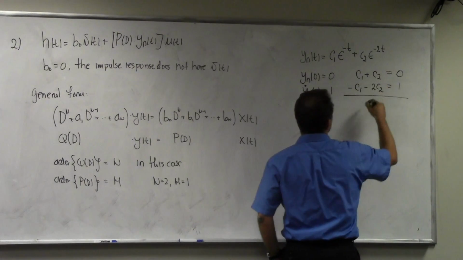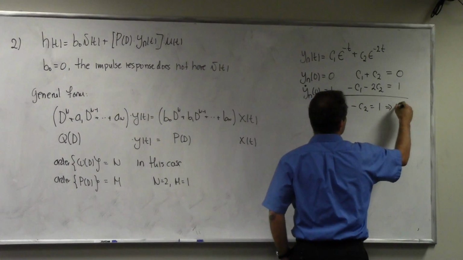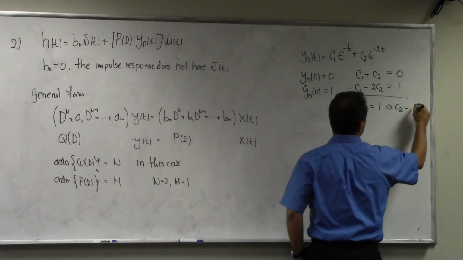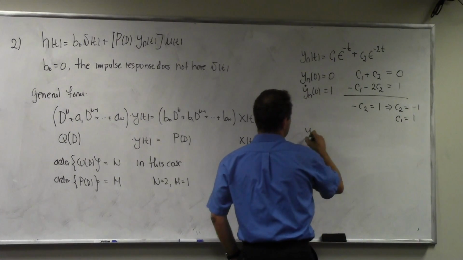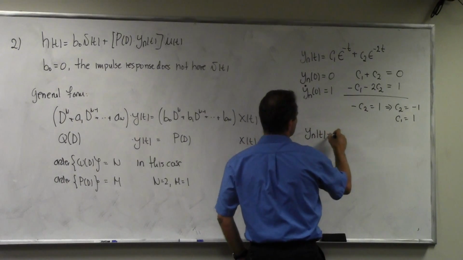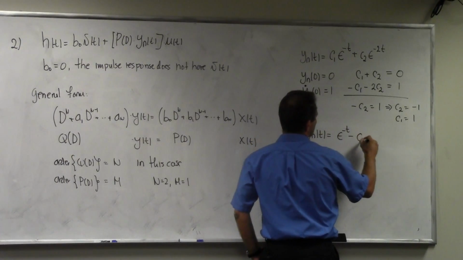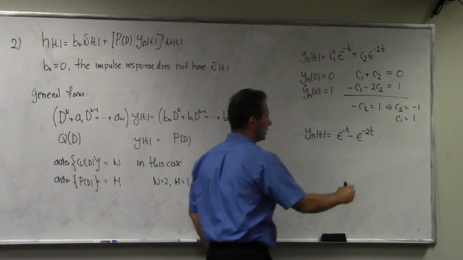If I add these two, I get that minus C2 is equal to 1, so C2 is equal to minus 1, and C1 has to be equal to 1. So my impulse response of the companion system is going to be e to the minus t minus e to the minus 2t, for t greater than 0.